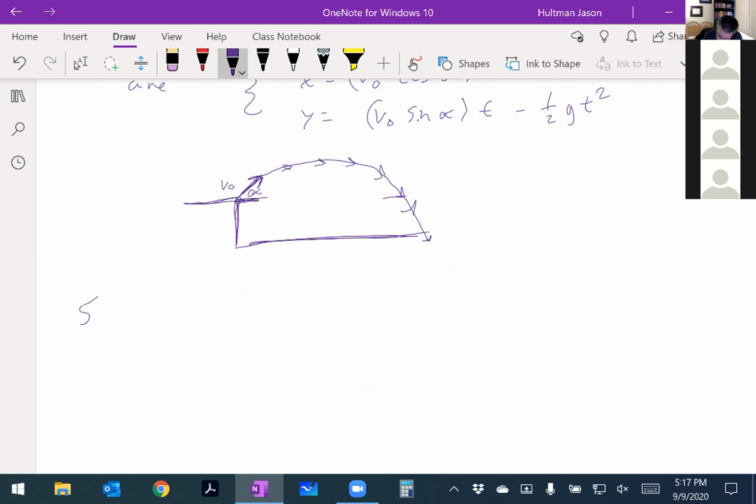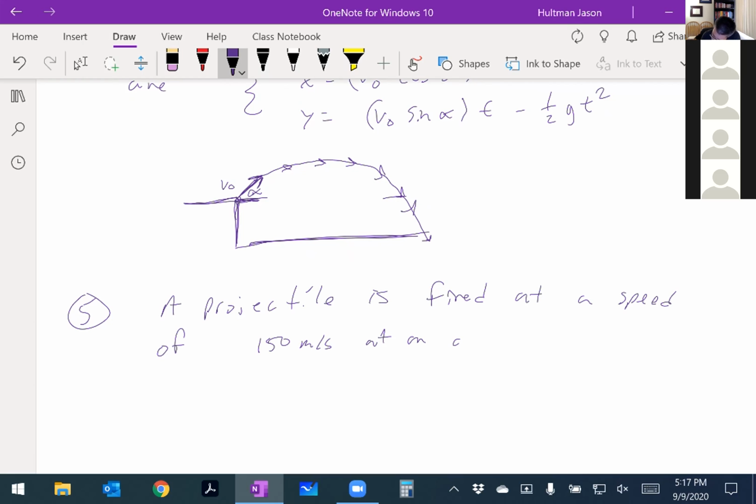Okay, so number 5. A projectile is fired at a speed of 150 meters per second at an angle of 45 degrees from a position ten meters off the ground.